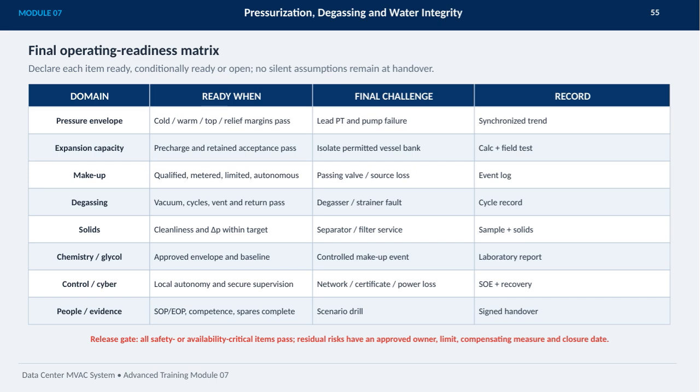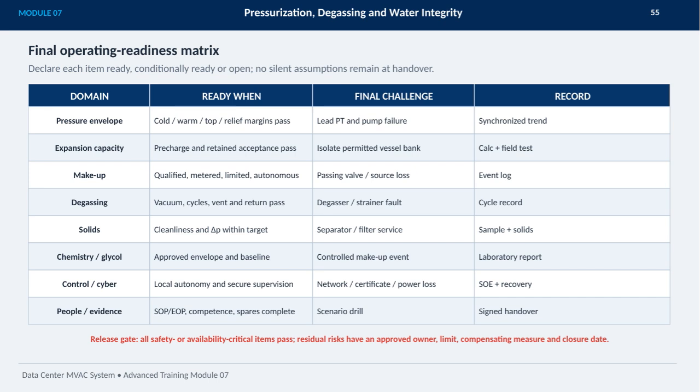Degassing processes require successful vacuum cycles, venting, and returns, with fault conditions monitored and cycle records maintained. Solids levels must be within cleanliness and pressure drop targets, with separators and filters serviced regularly and chemistry carefully controlled through lab reports. Control systems must demonstrate local autonomy and secure supervision, supporting network, certificate, and power loss scenarios with comprehensive events and recovery logs.